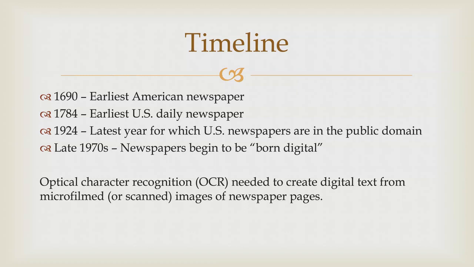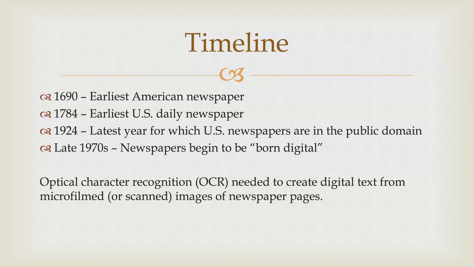If we're going to see information that was published earlier than when newspapers were born digital, that information has to be scanned and converted into text. This is called optical character recognition, or OCR. Usually it's done from microfilm, but it could actually be from the paper. What that does is attempt to transform that into digital text.